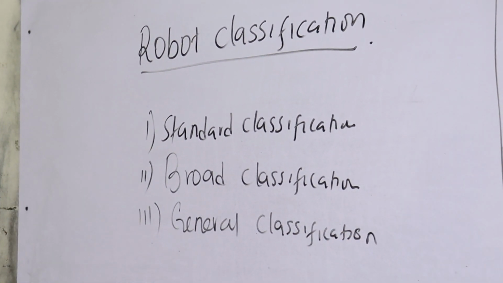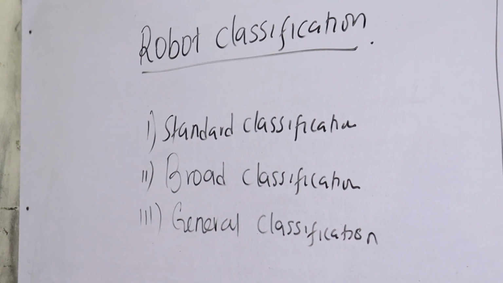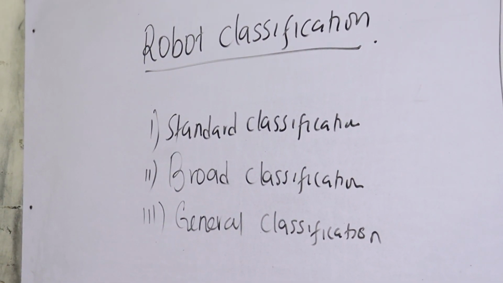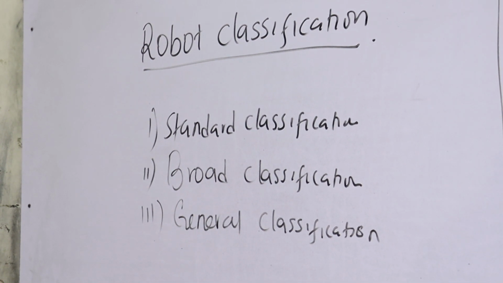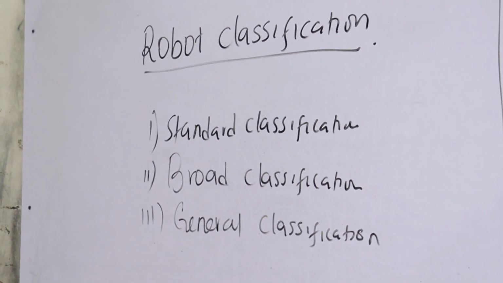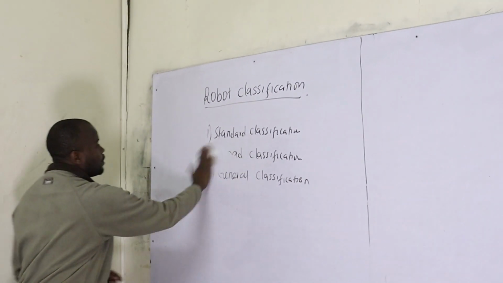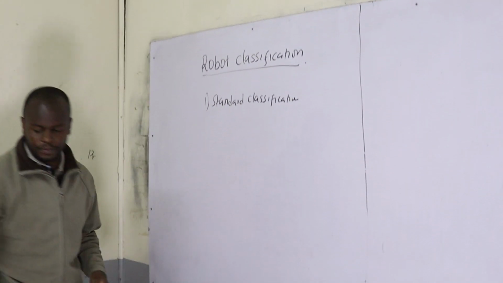So those are the three broad ways by which robots are classified. We are going to look at each way of classification, and we are going to start by looking at the first one, which is what we refer to as standard classification.